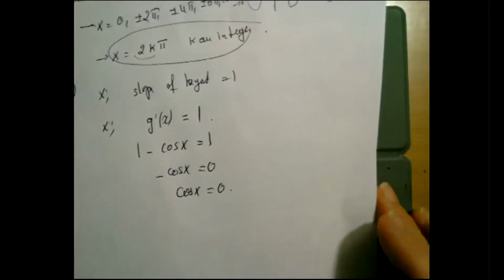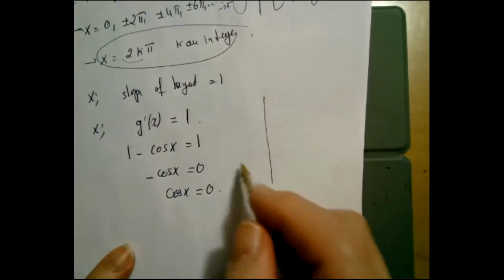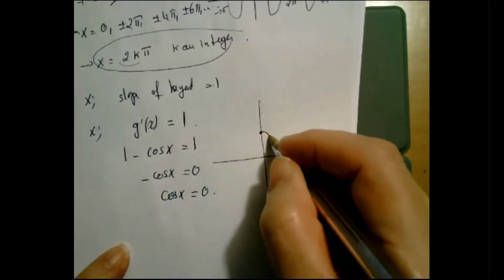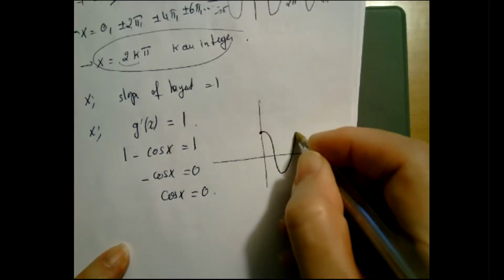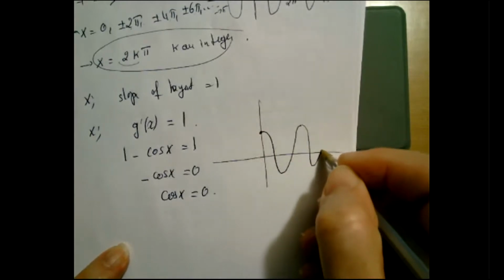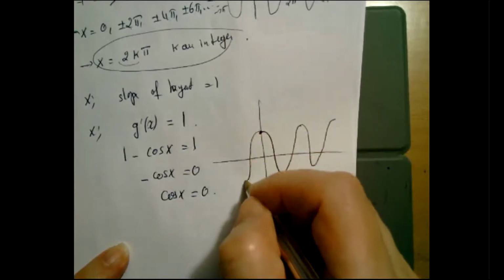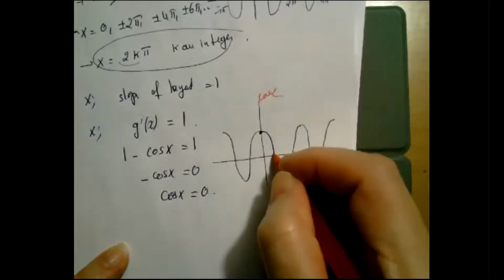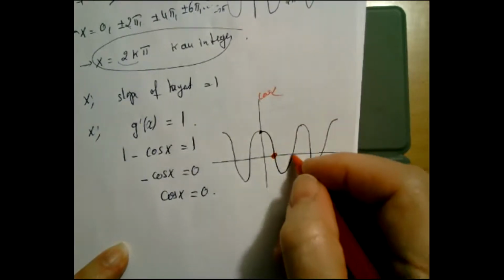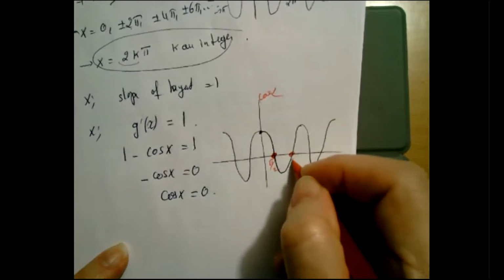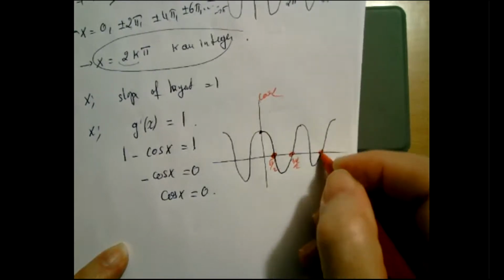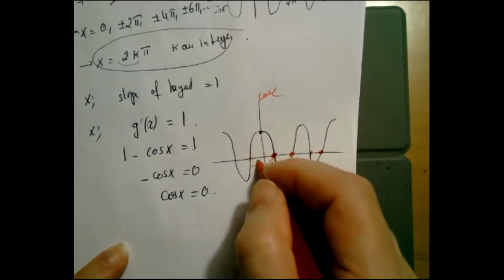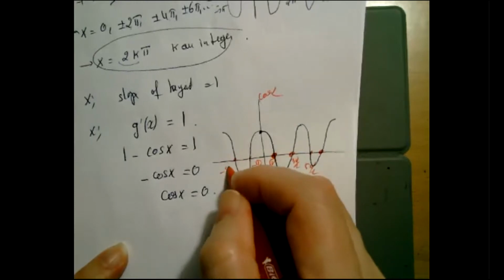And now, which values of x would give me a 0 for cosine? We get back to our graph of cosine, and we always remember how the graph looks. Cosine is crucial; we know the graphs of sine and cosine, and we have to think through them and the definitions. So the cosine of x here is equal to 0 at pi over 2, 3 pi over 2, 5 pi over 2, and so on, minus pi over 2, minus 3 pi over 2.